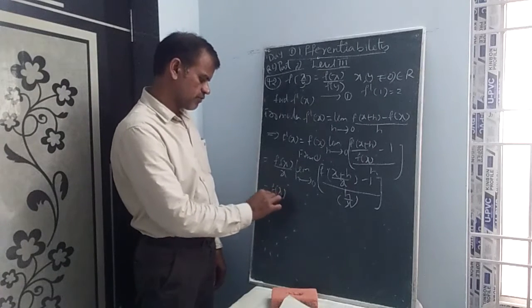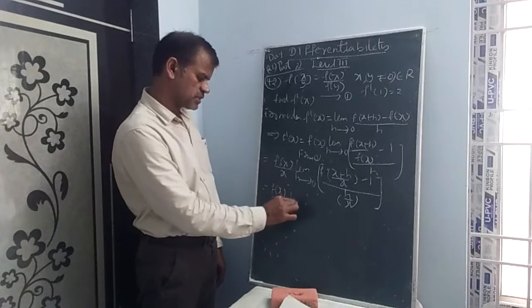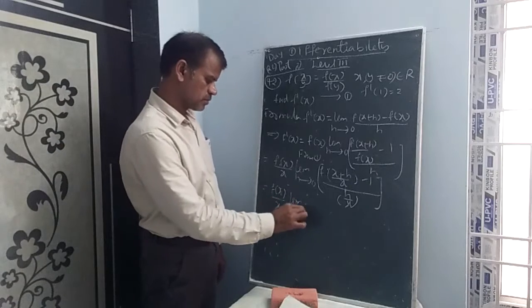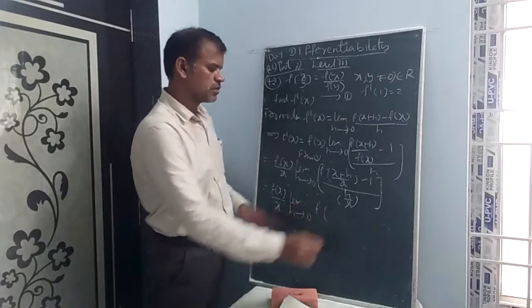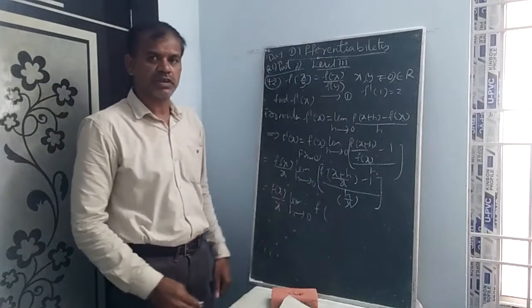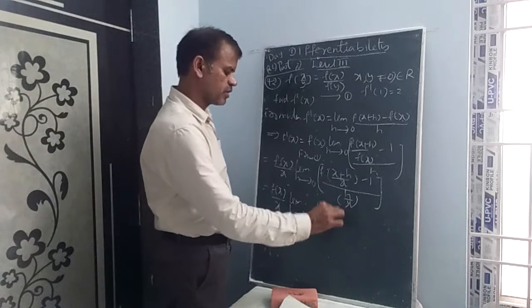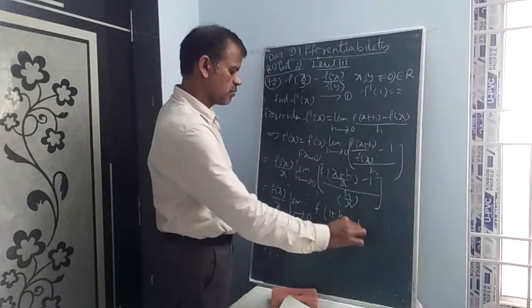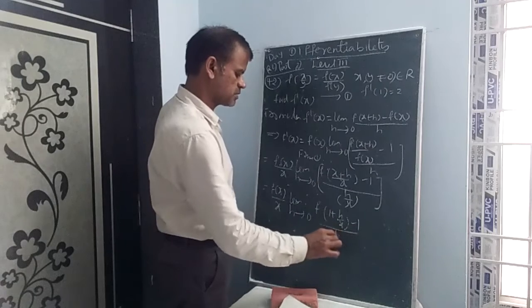That is equal to f of x by x, limit h tends to 0. Now x plus h by x can be written as 1 plus h by x, so this is f of 1 plus h by x minus 1, by h by x.